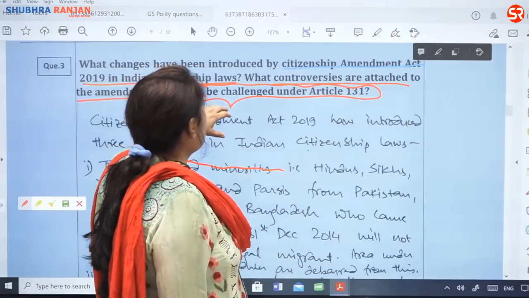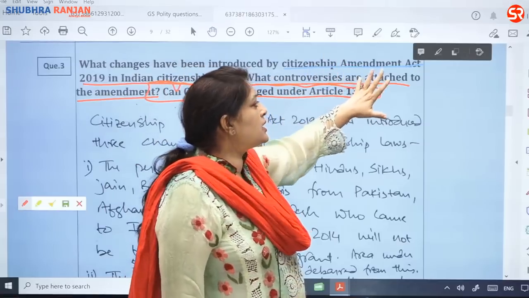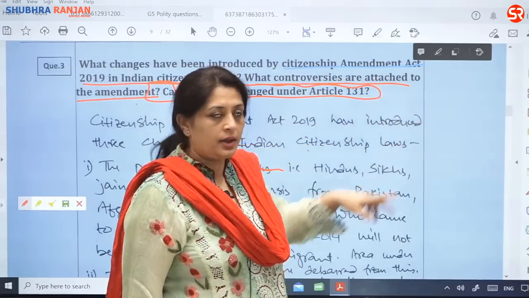What challenges have been introduced by the Citizenship Amendment Act? Fine.